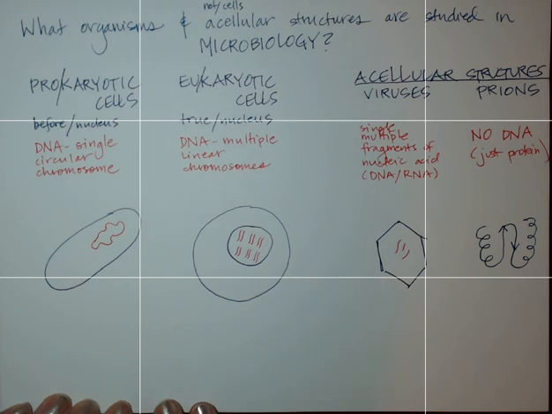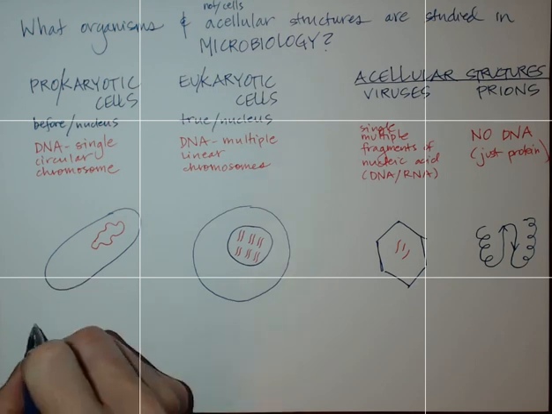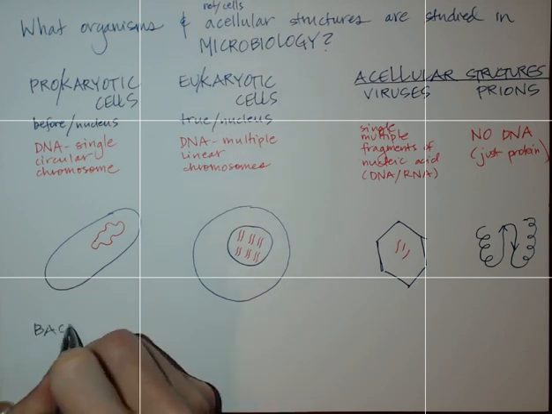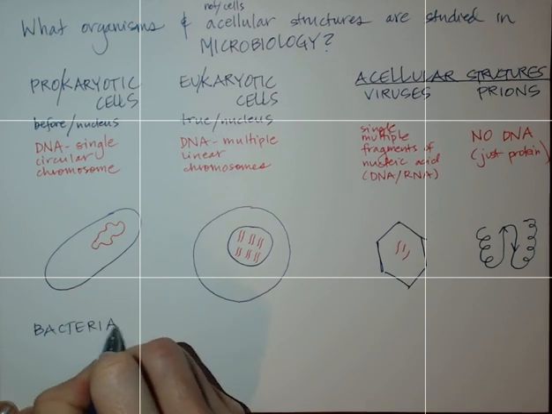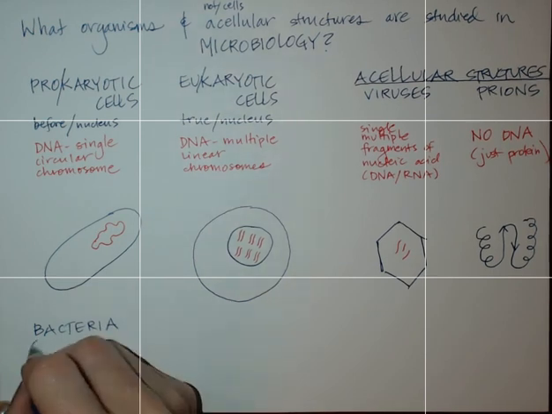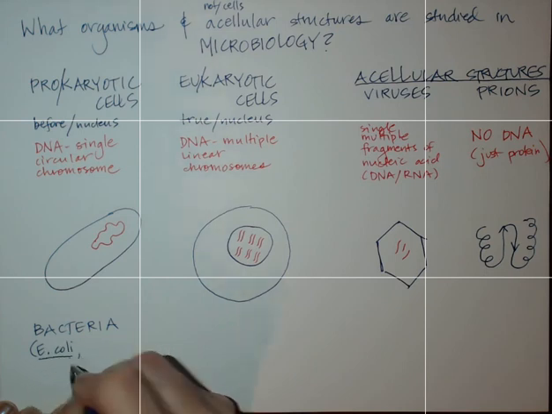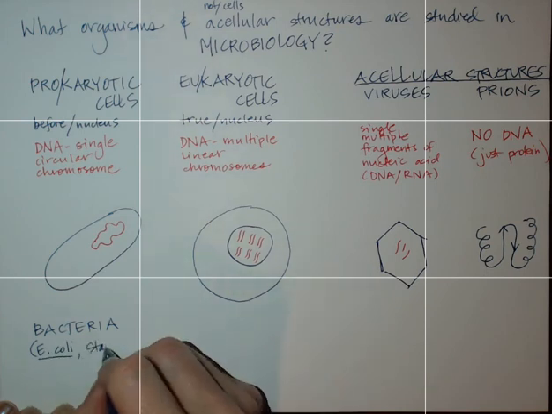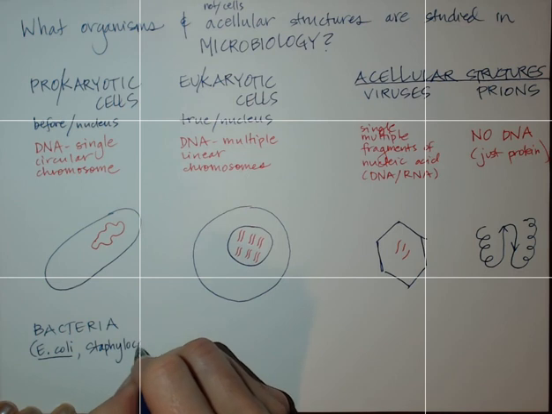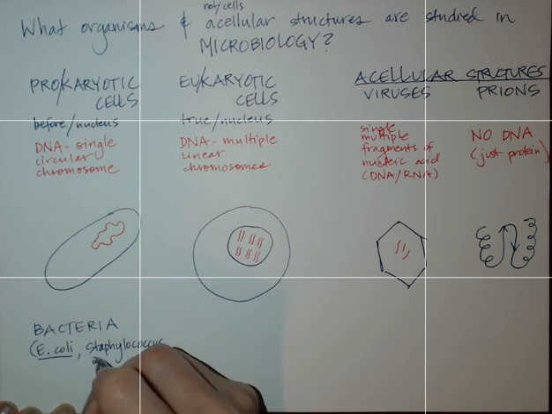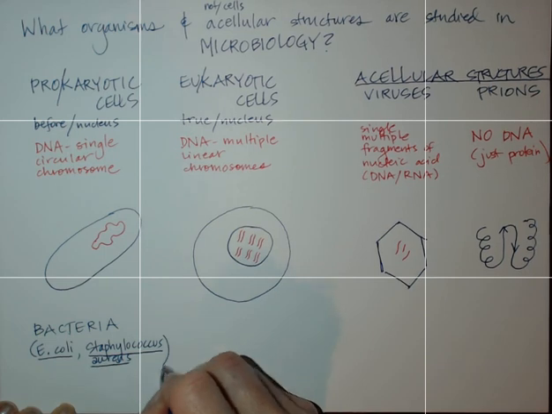All right, finally, we'll look at examples of each of these. So when we're looking at prokaryotic cells, a good example to remember would be bacteria. And examples of bacteria that you're likely familiar with would be something like E. coli or Staphylococcus aureus, which is the etiologic agent of many staph infections.